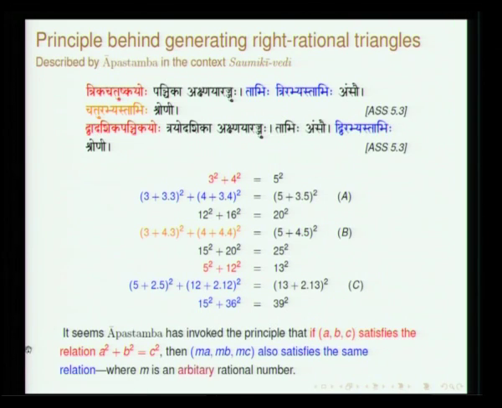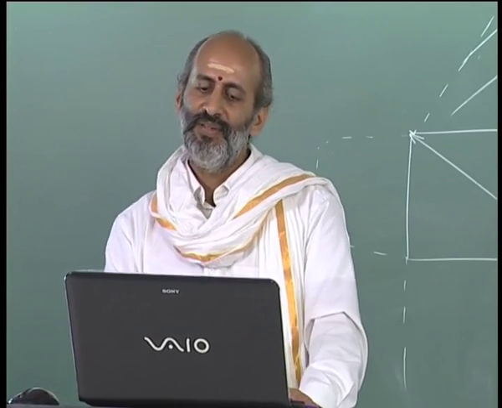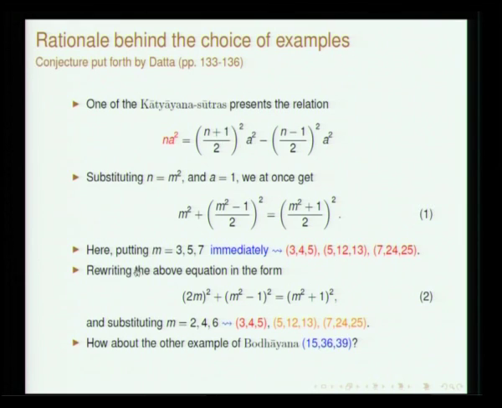Anyway, the principle that seems to have been employed in arriving at this triplet, one of the speculations is that they had used a general formula and then substituted; for instance 2, 3, 4, 5, 6, so you get all the triplets that are found and given by Bodhayana and later by other authors, Apastamba also.